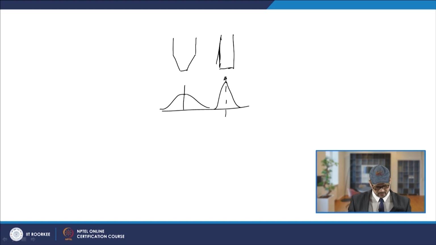Similarly, this will also depend upon the vertex angle of the conical tip of the tungsten electrode.